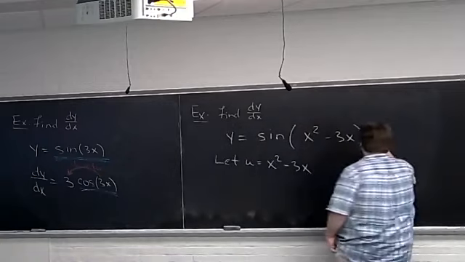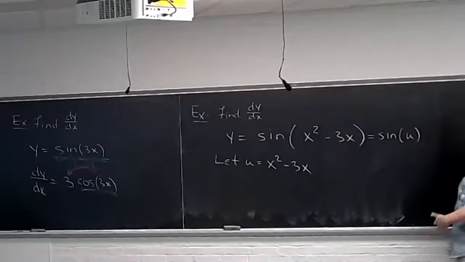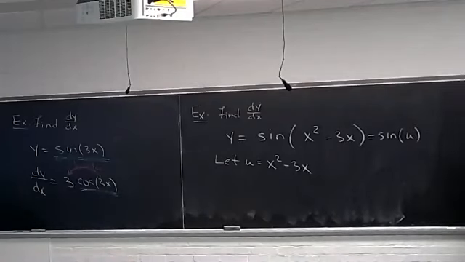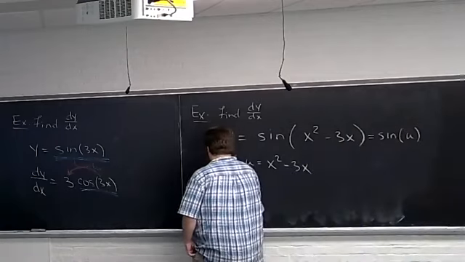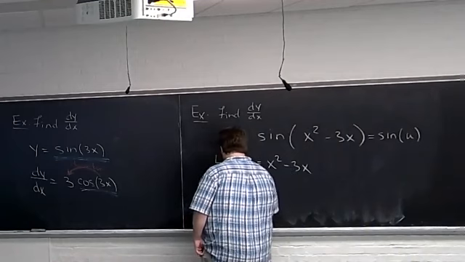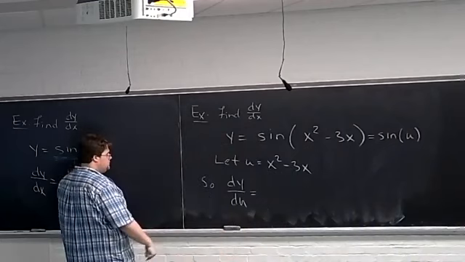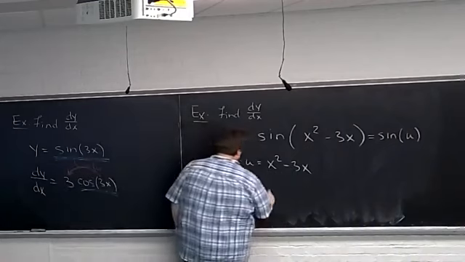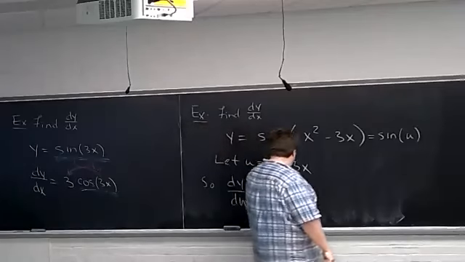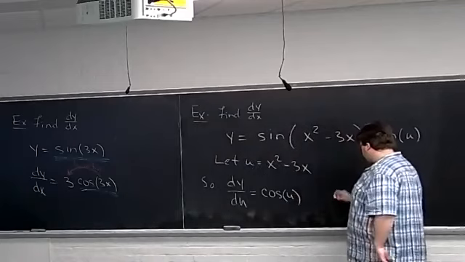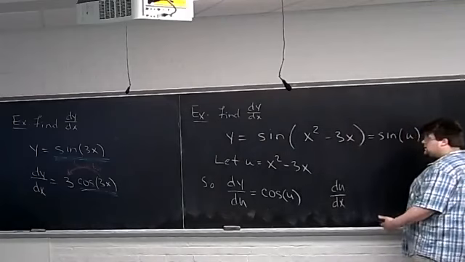Y is now a function of just u. And with this substitution, we can find dy/du and du/dx. dy/du: y is sine of u, the derivative of sine is cosine of u. u is x squared minus 3x.